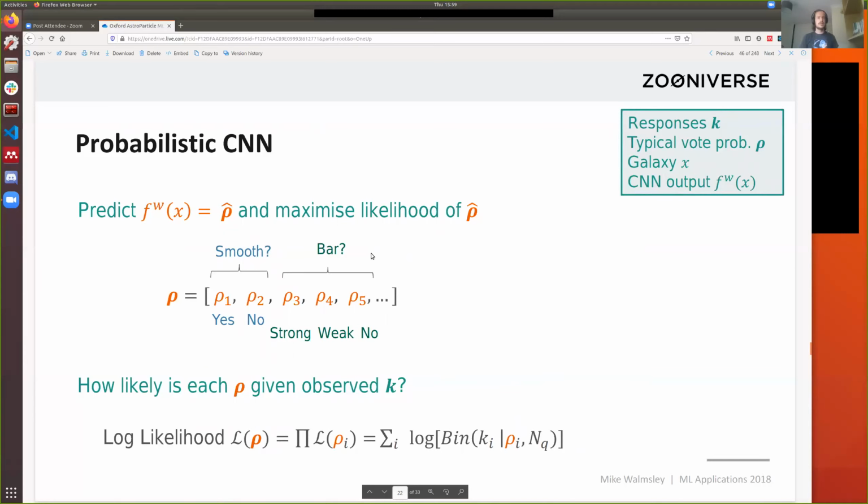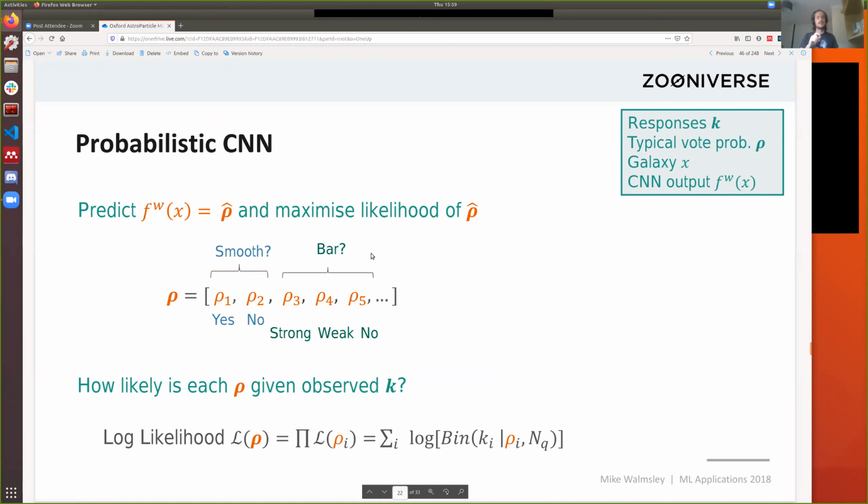So the first big change we're going to make is, instead of having our model predict the typical probability that a volunteer will say smooth or featured, we're going to have it predict a vector for every galaxy. And the length of the vector will be the number of answers we want it to predict. It's quite a classic setup for multi-class classification.